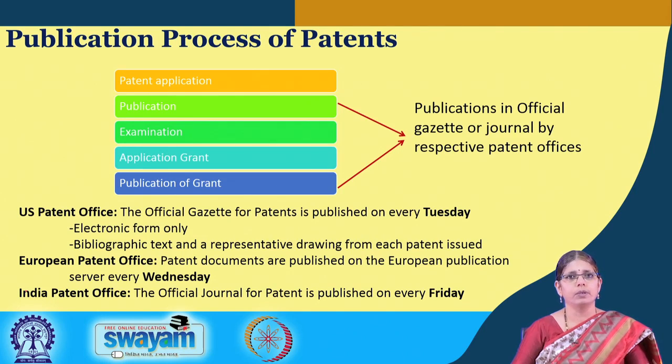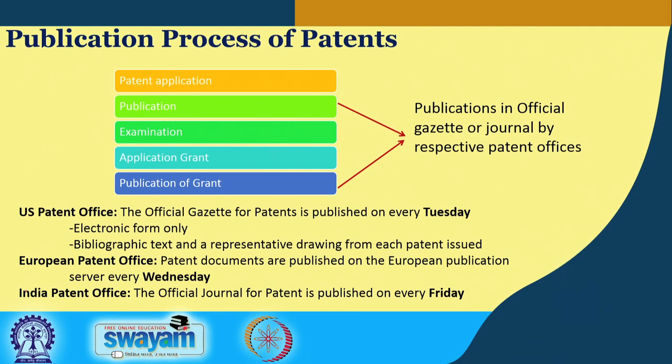So, when we go into specific links at each of the patent offices, we are actually looking at the data that is coming in every week in relation to patents which are published in the official journal or the gazette. For instance, the US Patent Office publishes every Tuesday, and what is published?